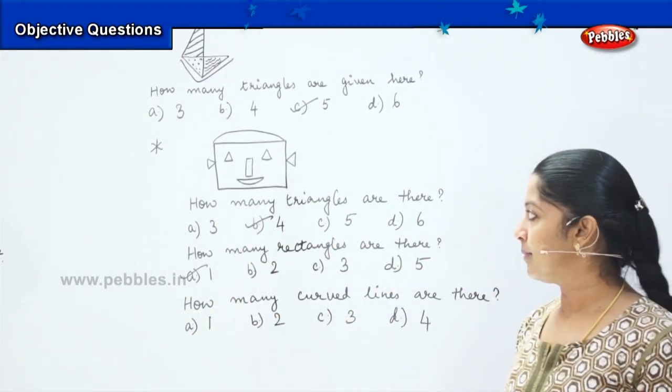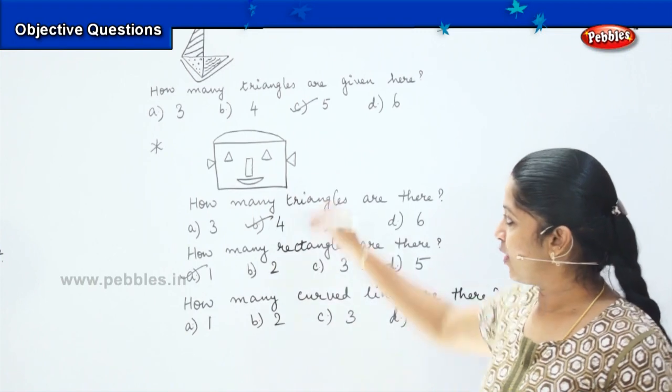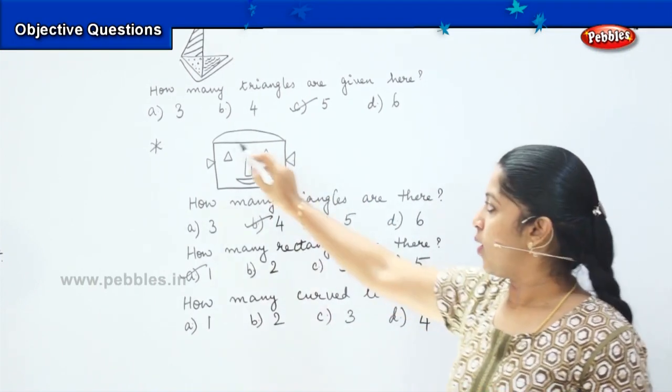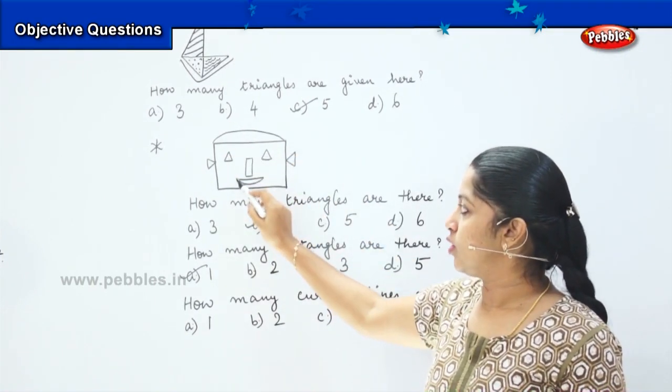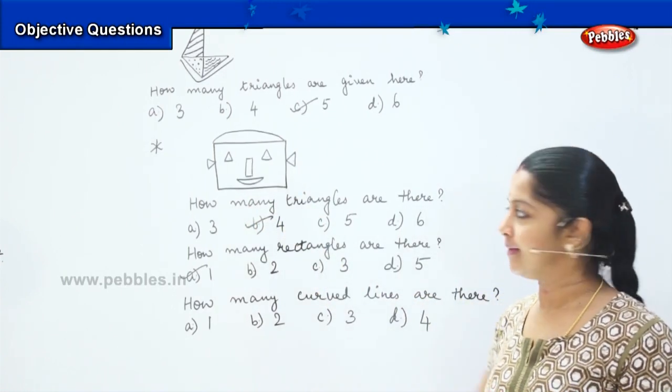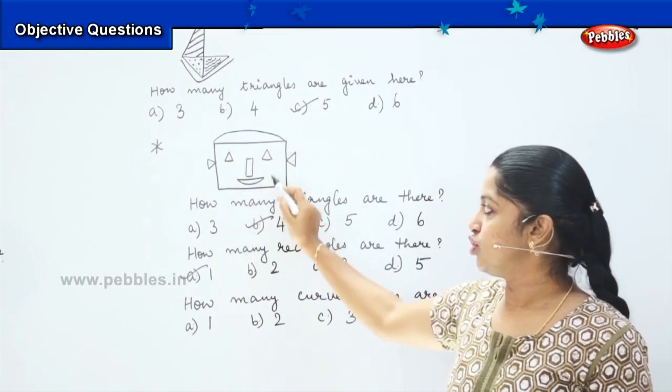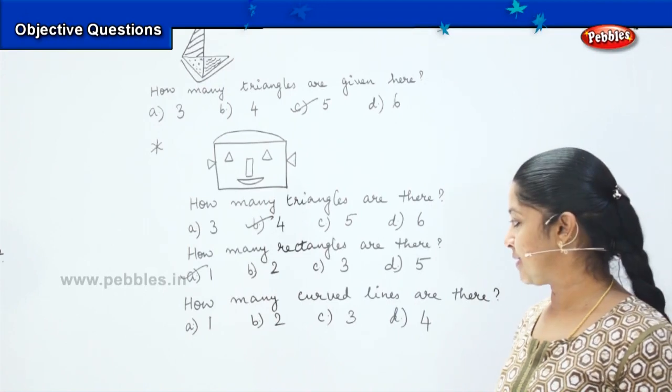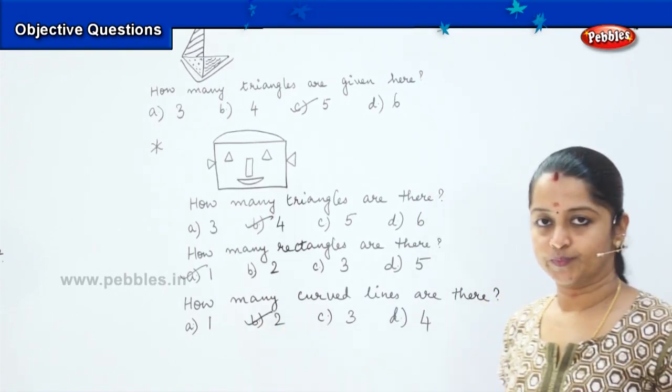So can we count the number of curved lines? Where can you see the curved lines? One towards the head and one towards the lips. So how many are there? 1 and 2. My right answer is B 2.